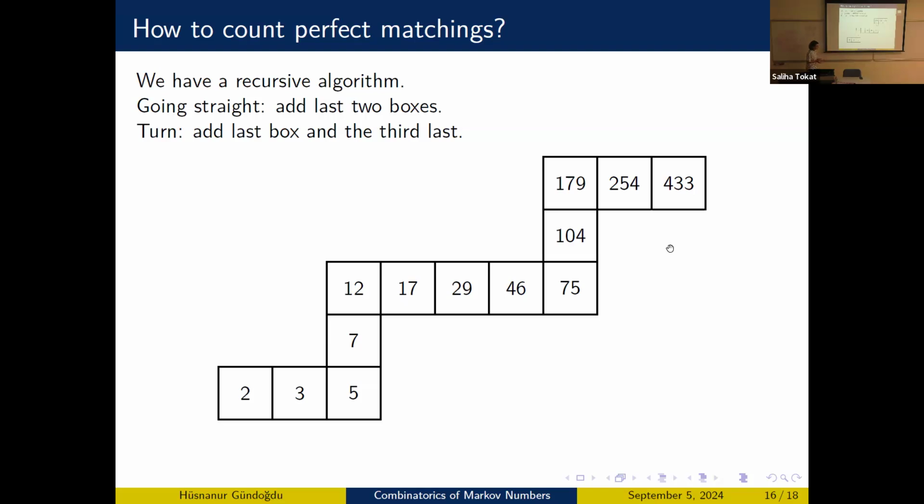And the important result is that 433 is a Markov number. So the matching number of a domino graph gives us a Markov number. Can we say the same thing for all rational numbers between 0 and 1?